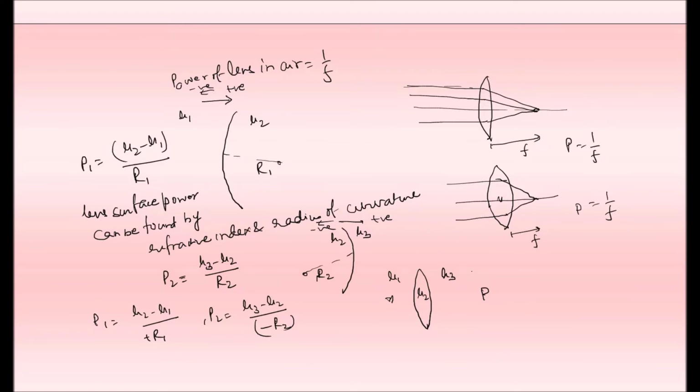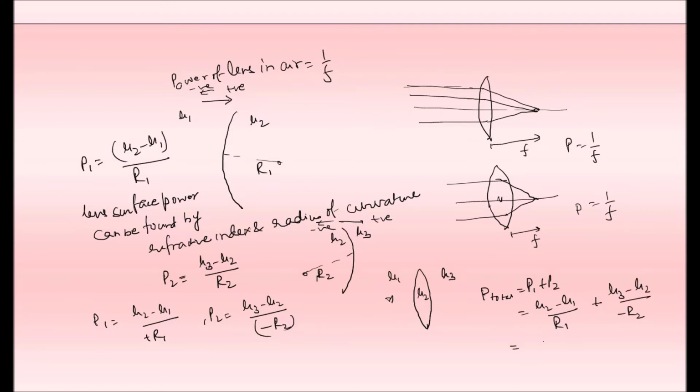So P total is equal to P1 plus P2, and it is equal to mu2 minus mu1 divided by R1 plus mu3 minus mu2 divided by minus R2.